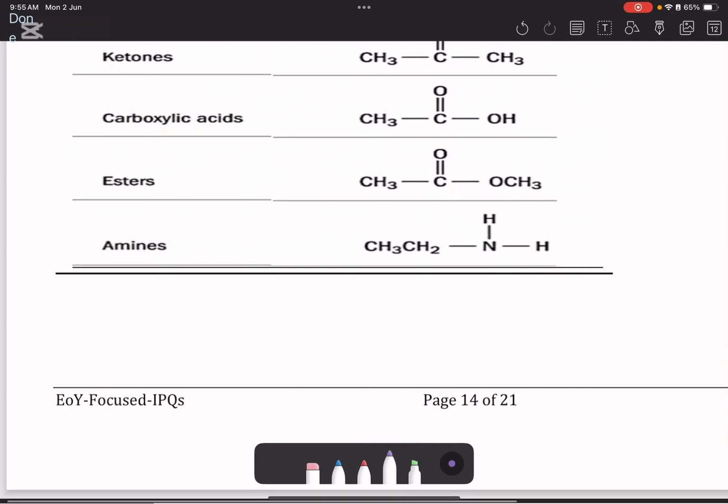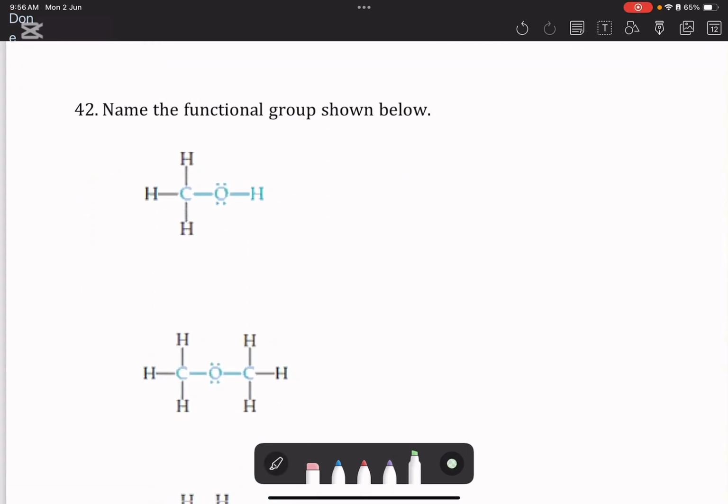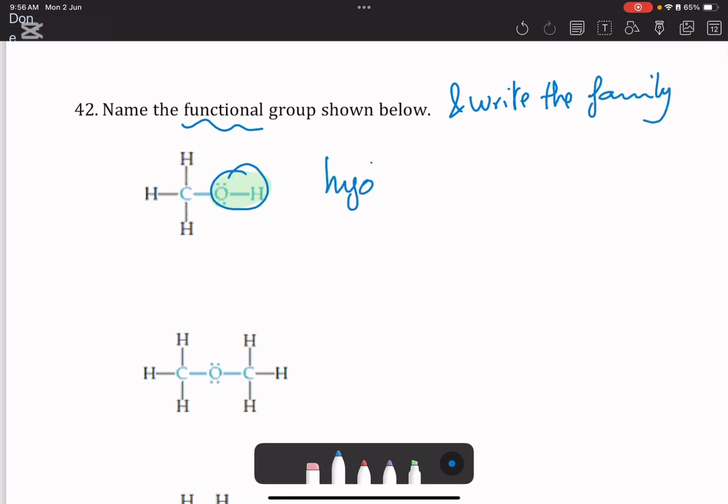Write the type of the compound. So let's go and see. Here's the functional group. That's a hydroxyl functional group. Name the functional group and write the family. So I'm going to do them again together.